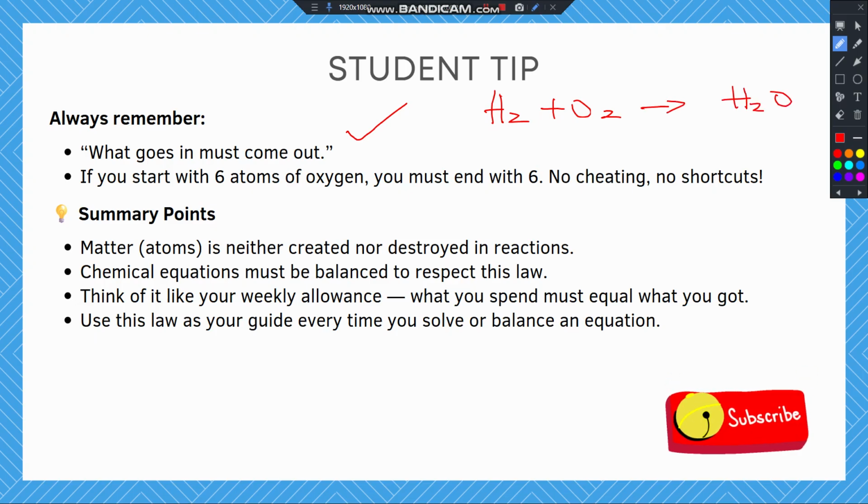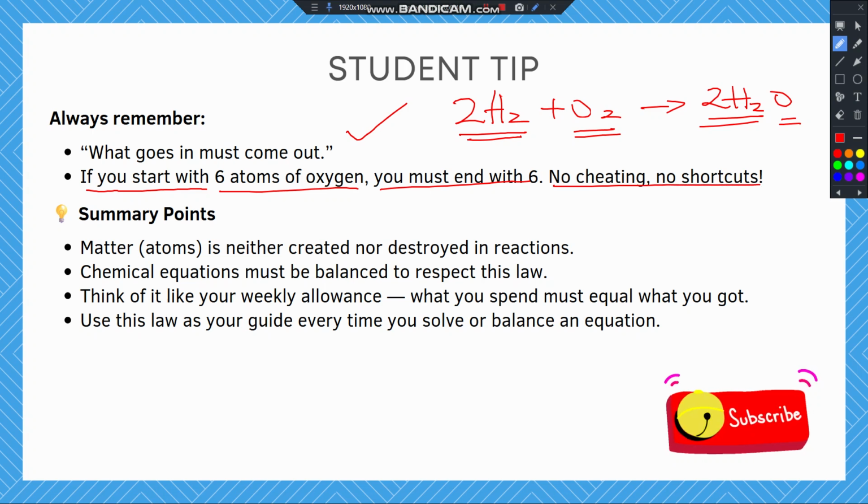When the equation was balanced, we added a coefficient of 2 on the right hand side. What was coming in from hydrogen was equal to what was coming out for hydrogen, and the same thing applied for oxygen as well. So the next thing to remember is that if you start with 6 atoms of oxygen, you must end with 6. There is no cheating and no shortcuts as far as the law of conservation of mass is concerned.